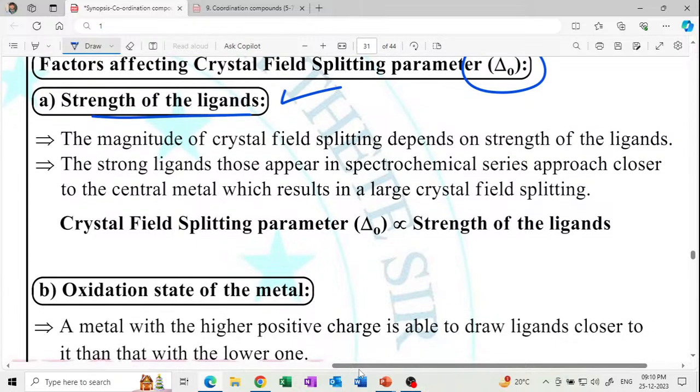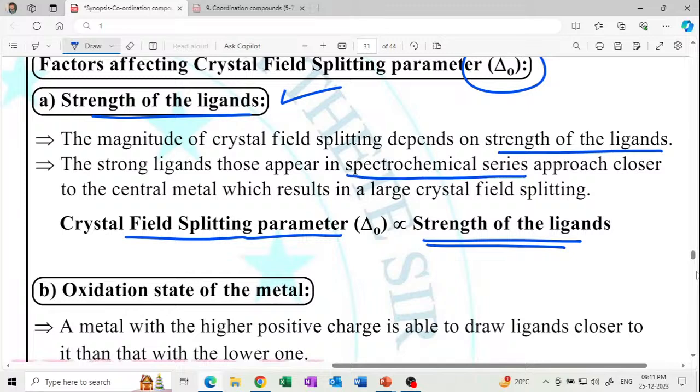The crystal field splitting parameter is directly proportional to the strength of ligands, according to the spectrochemical series. Get it?